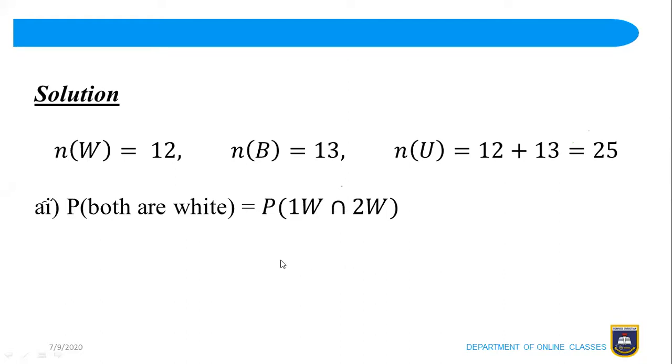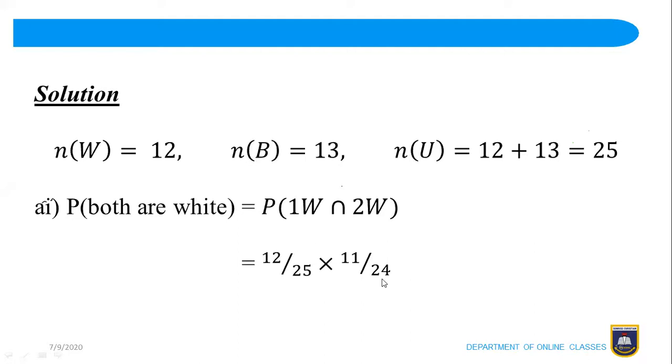The probability that the first ball is white is 12 over 25 times the probability that the second ball is also white. Now the number of white balls will reduce to 11 and the total number of balls will reduce to 24. So out of the 24, you are going to pick another white ball.